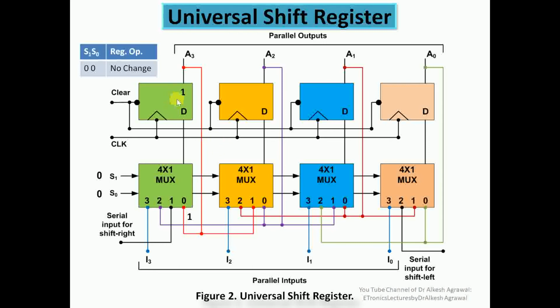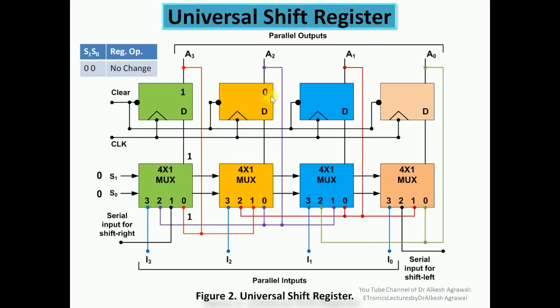You can see the same value is coming to the 0 input of the same multiplexer. And we know that for a multiplexer, when the selection input is 0 0, whatever is input to the 0 channel is selected out at the output. So this 1 is selected out through this multiplexer.